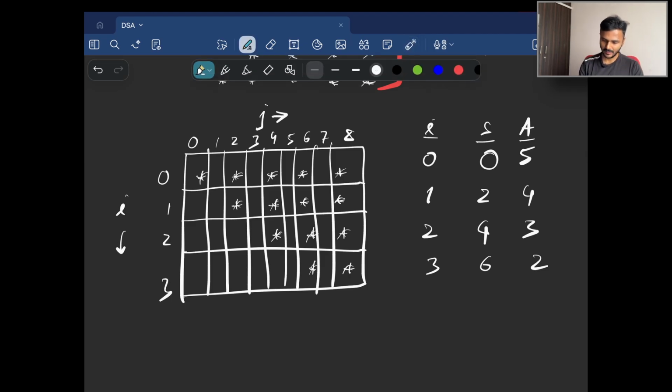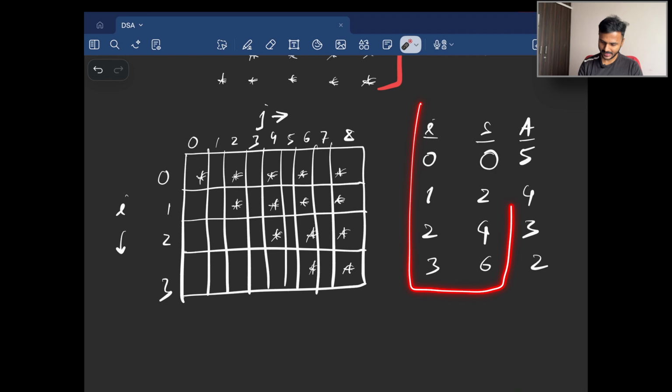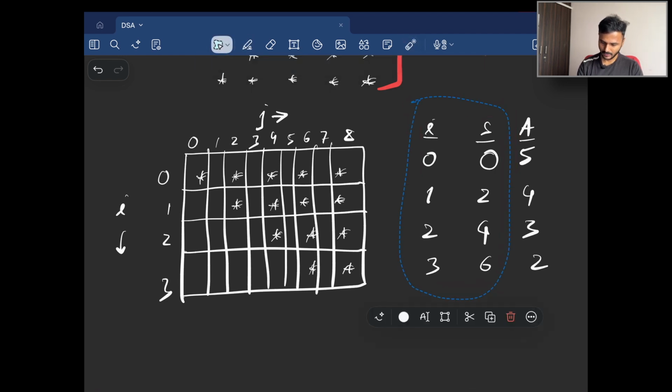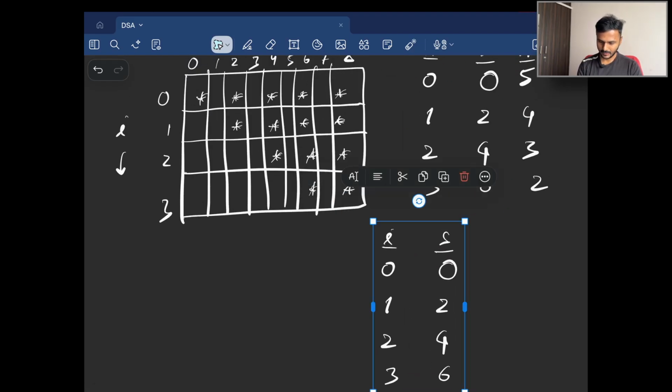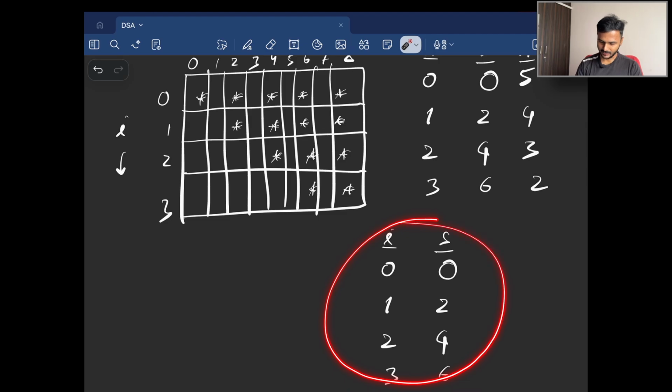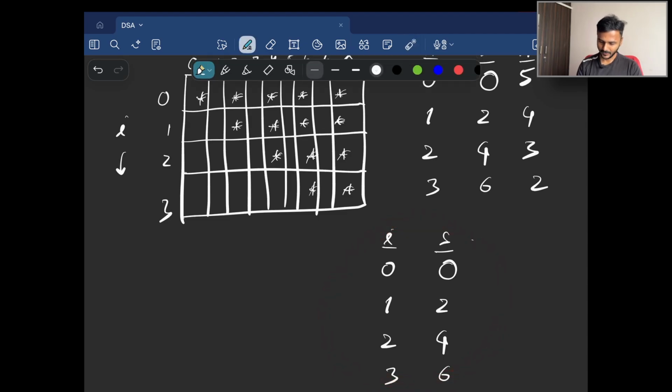So let's get started and find a relation between I and S. And for that, let me quickly copy it and paste it here. So take a look at I and S, and the relation would be pretty easy to figure out. The number of spaces that we have is just 2 times the value of I, right?